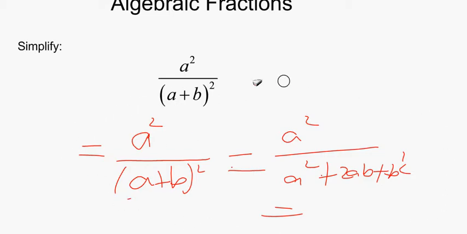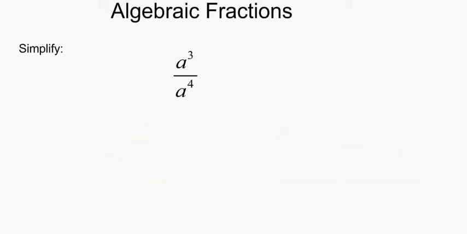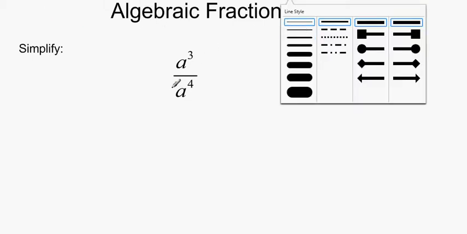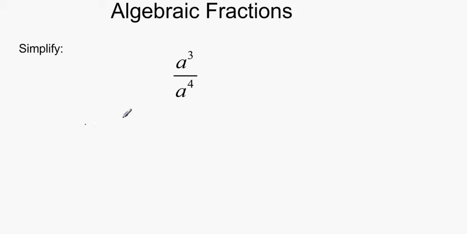Okay, so now let's have a look at another one. This one's a bit different because in this case, we do have a power, and we have two exponents, two powers, being divided. So we have a cubed being divided by a to the power of 4.